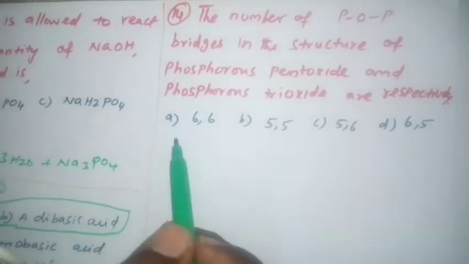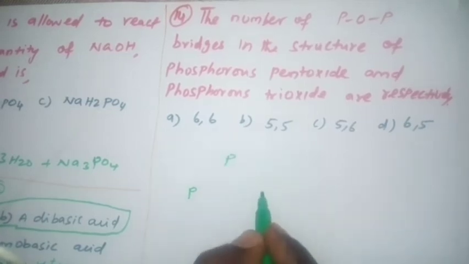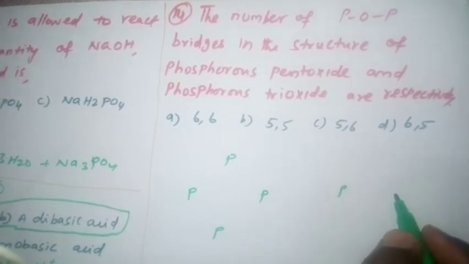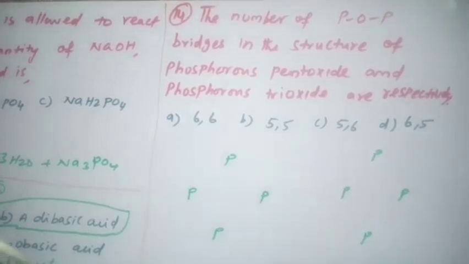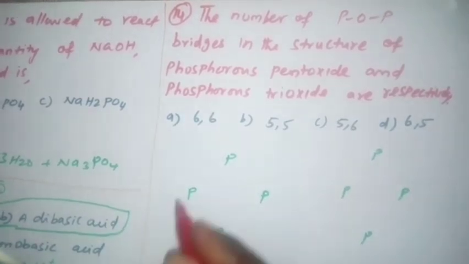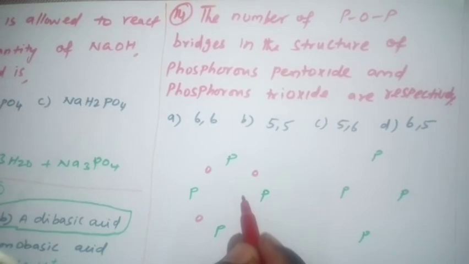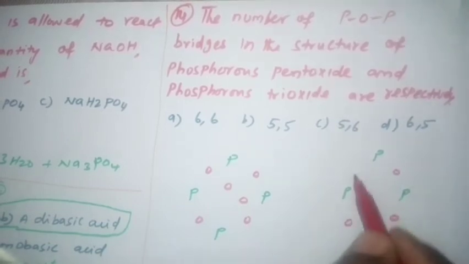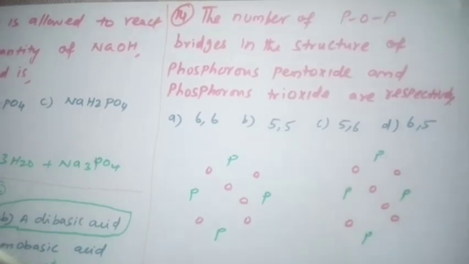So draw the structure of first phosphorus trioxide: phosphorus, then between the phosphorus atoms oxygen atoms, and between these 2 phosphorus 1 oxygen atom, and between these 2 1 oxygen atom, then here oxygen, oxygen, oxygen, oxygen.